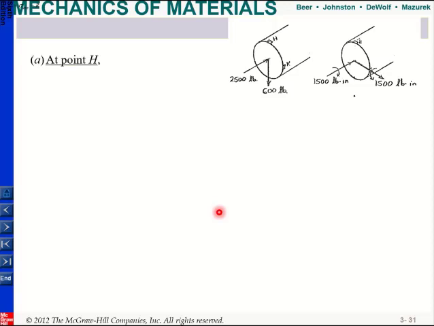And at first I will look at point H, okay? So at H I have my stress due to my normal force, and this one will also create a moment, okay? So I can write it will be equal to P over A plus MC over I, okay? And P over A, since I have minus already inside that, will be compression, and this one will be tension.